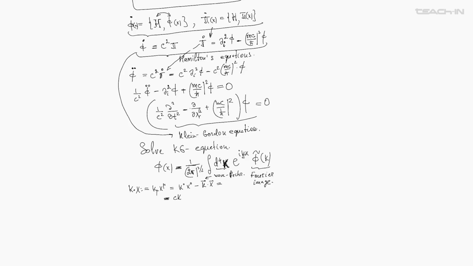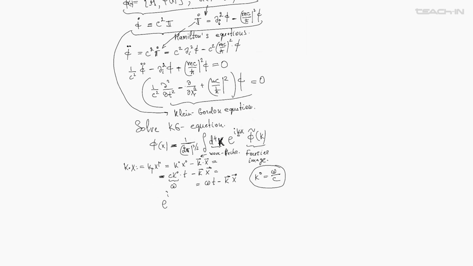And this ck0 is what is called frequency. So this is omega t minus kx, where k0 is omega divided by c. So the time component of this vector k is given by frequency divided by c. This is, in fact, exponential i to the power omega t minus kx.